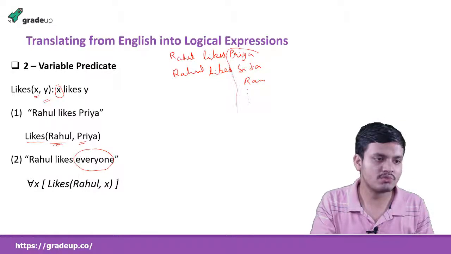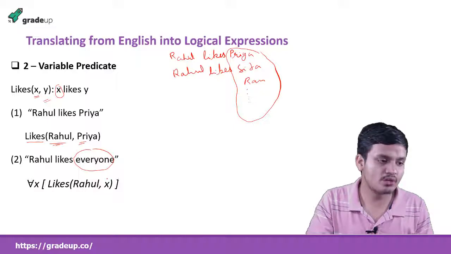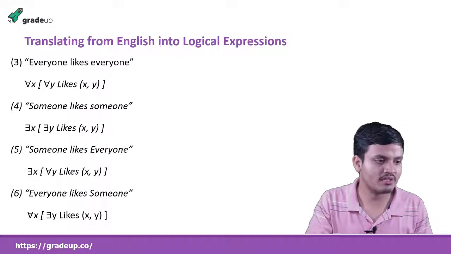So all these people Rahul likes. So where should this variable x come? x should come at this position. That is important. So Rahul, x. So for all x, Likes(Rahul, x). That means for all x, x is the people and Rahul likes everyone. This is the translation of that statement into a mathematical statement.